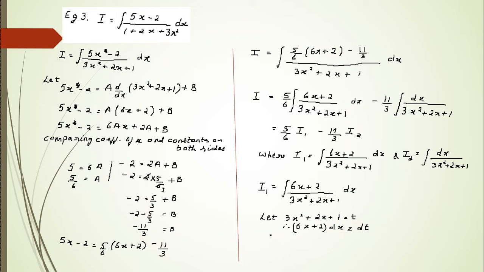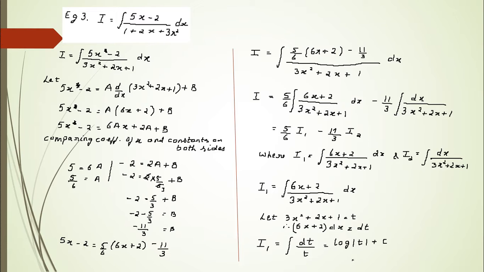So we can rewrite I1 as, now 6x plus 2 into dx is dt, so I'll write it as dt by t, right? So this is equal to log of modulus t plus c1.